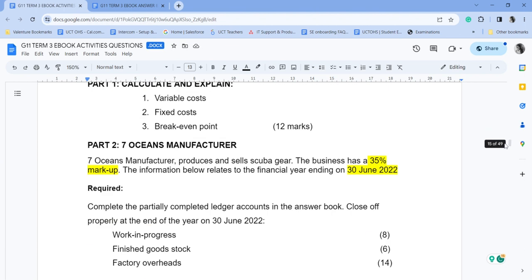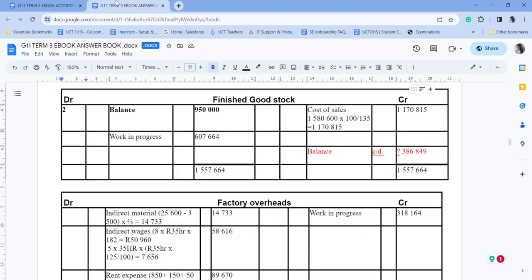Here they say the year ends on the 30th of June 2022, which means that this accounting year starts on the 1st of July. So it starts on 1 July and ends on 30 June 2022. And just by doing this, you are done with the activity.